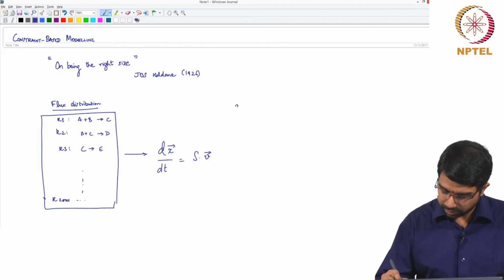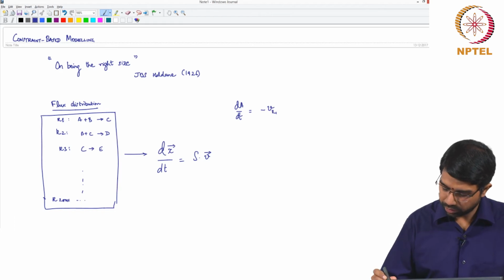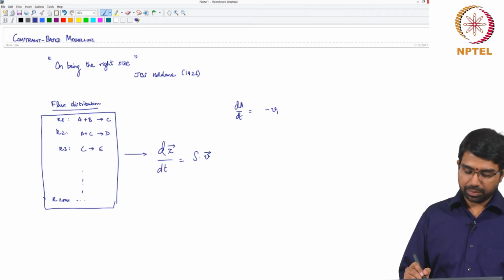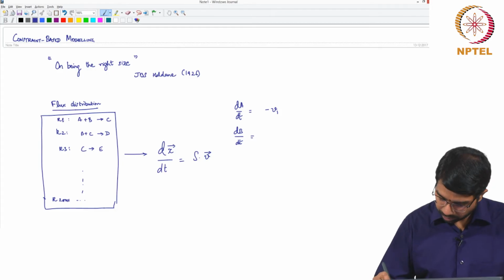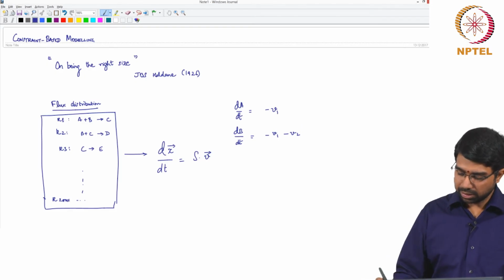So you would say that dA by dt is going to be minus V1, right, and dB by dt would be minus V1 minus V2, right, something of that sort.